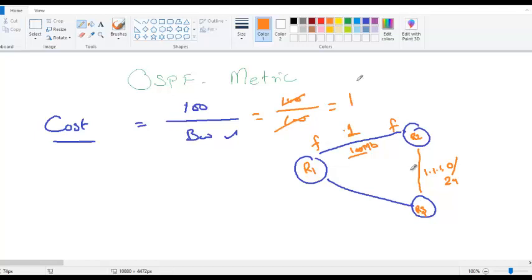In case you have an Ethernet wire here, which is 10 meg, that will be what? 100 divided by 10. You get 10. So cost is 10 here on Ethernet.